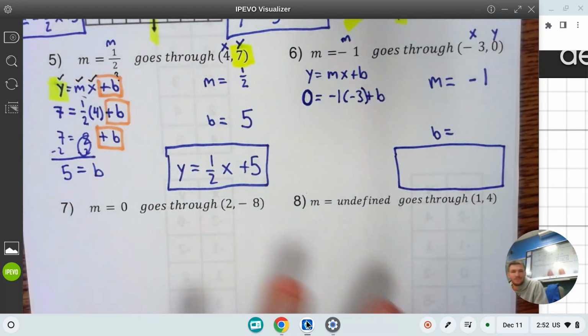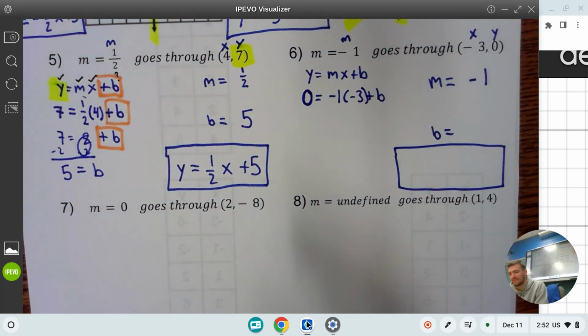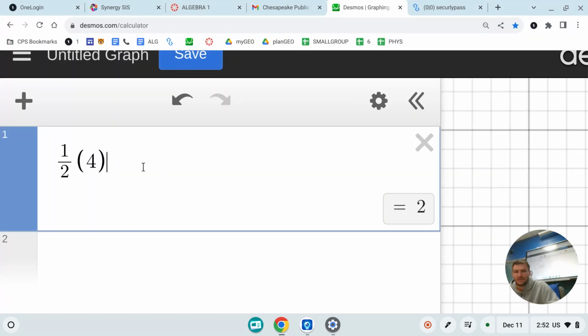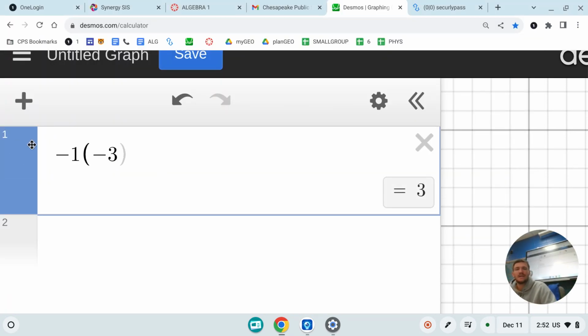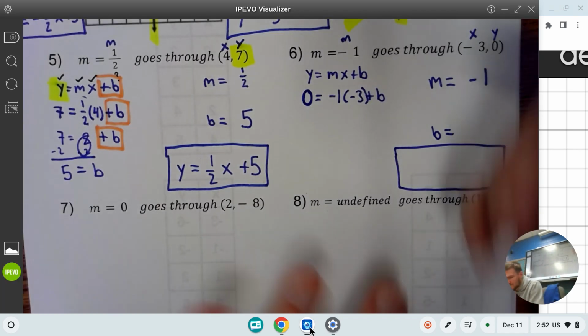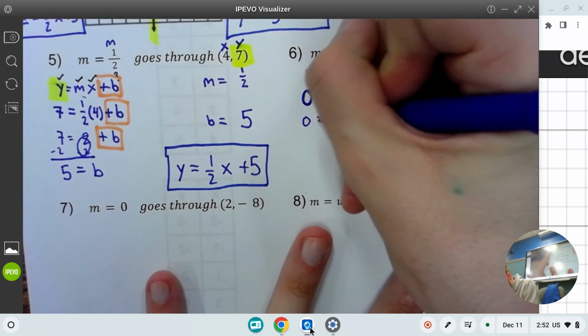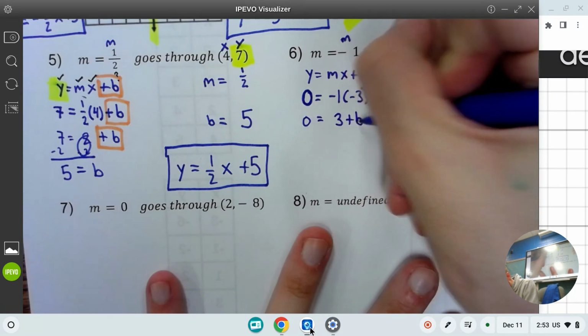I'm going to keep writing my plus b. Don't forget that part. And now we're done. Like, we got it. Multiply it, move it, game over, easy peasy. -1 times -3 is +3. All right. 0 equals 3 plus b.